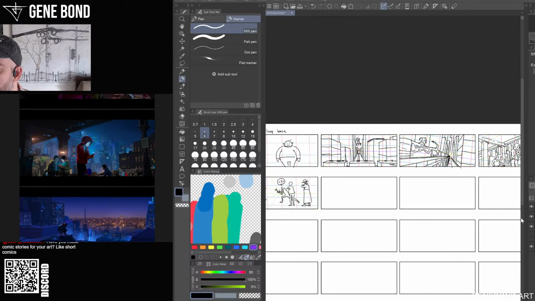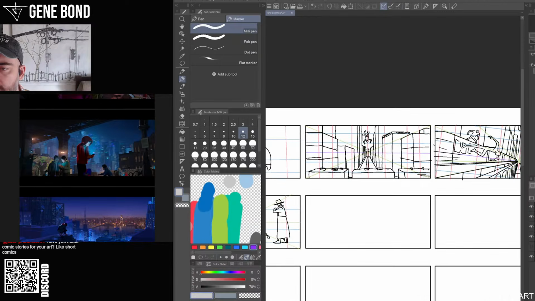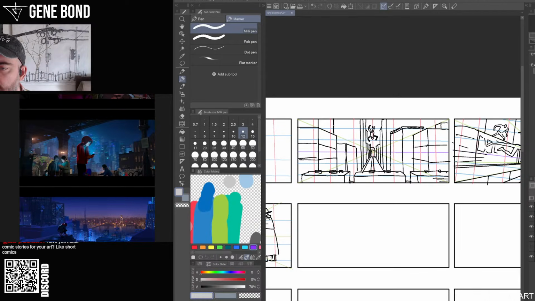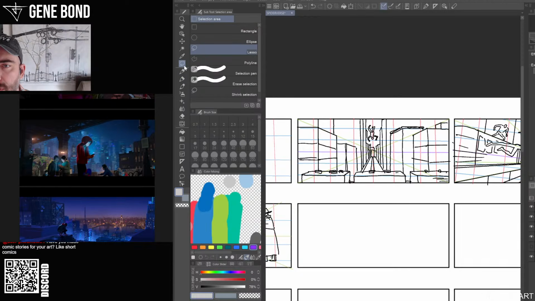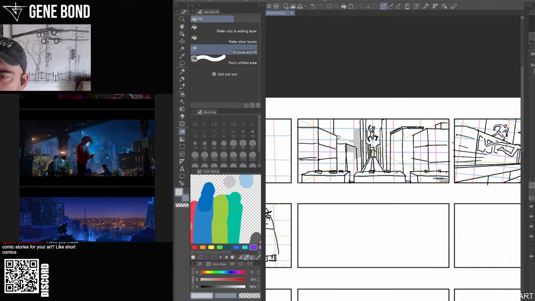Maybe I'll make some shading. But this weird, it's like, oh, finally it works.